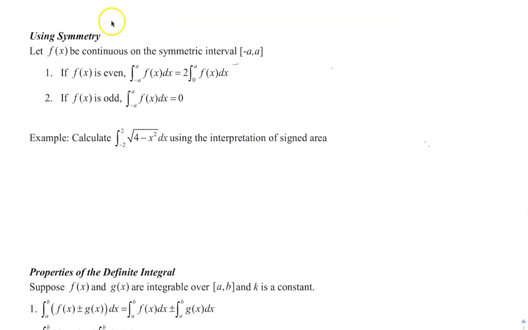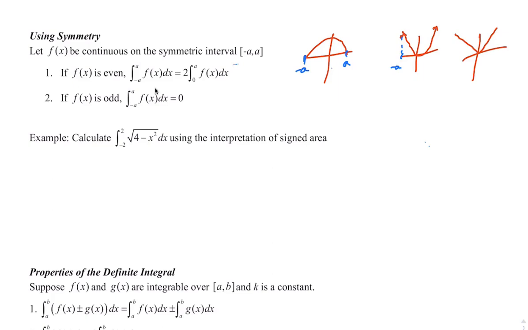Let's have a little shortcut using symmetry. So let f be a continuous function on the symmetric interval of -a to a. If f of x is even, then the integral from -a to a is just twice the integral from 0 to a. So what does that mean? Well, kind of like the last one we just did. If it's an even function, like a circle, or x squared, or just like absolute value x, and you're going from -a to a, even means fold in half like a book.